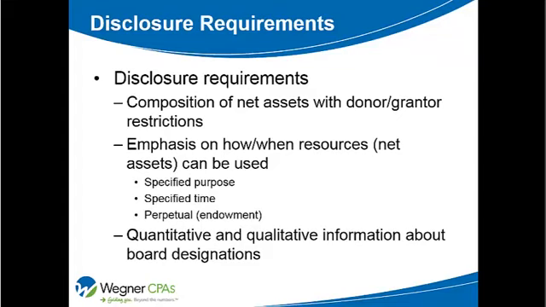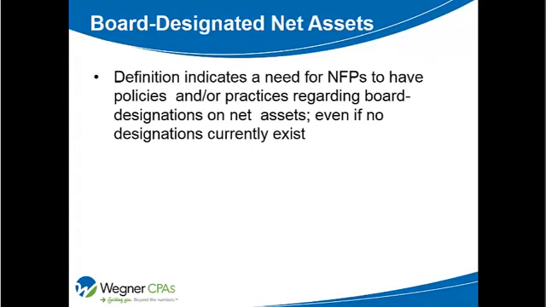One of the key things related to that that's in the standard is that it indicates that the not-for-profits must have a policy or a procedure on board designations, even if no designations currently exist.